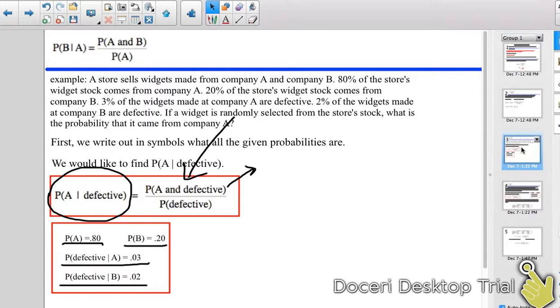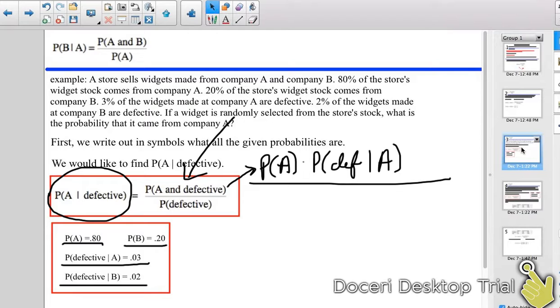First of all, we're going to break this formula down a little bit. Again, using our multiplication rule that we can manipulate in a variety of ways. The probability of A and defective could be written as probability of A times probability of defective given A. Again, that's just using the multiplication rule.